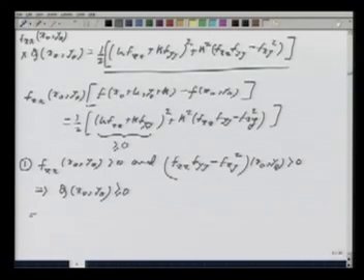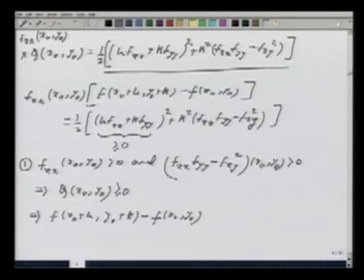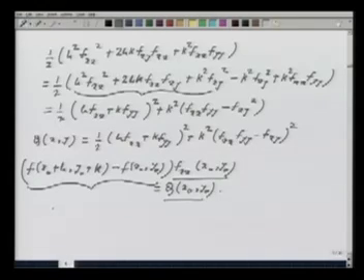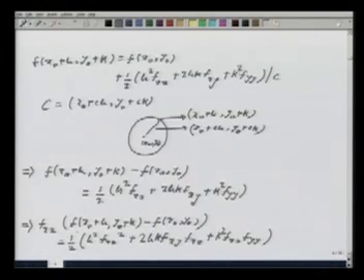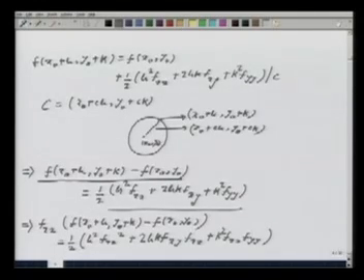That would then imply that f of x naught plus h, y naught plus k minus f of x naught y naught is bigger than or equal to 0. Because let me look at this expression which I had here, this quantity was what we have shown, then this was multiplied with fxx at x naught y naught.